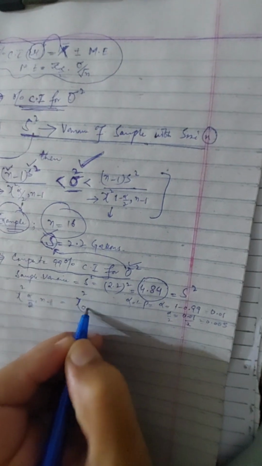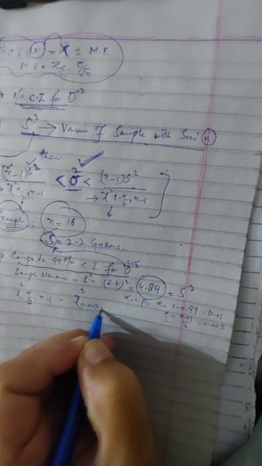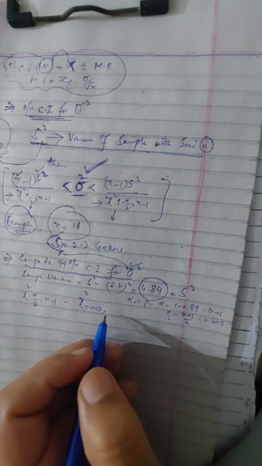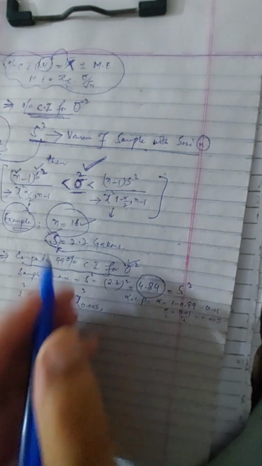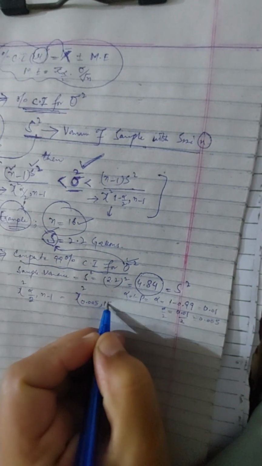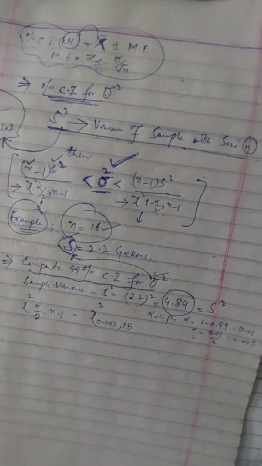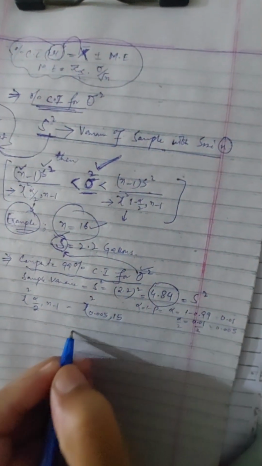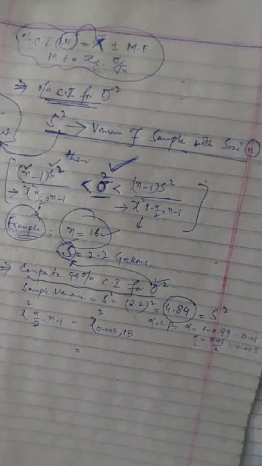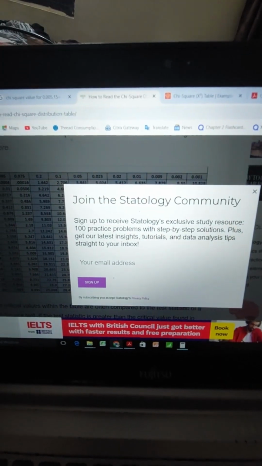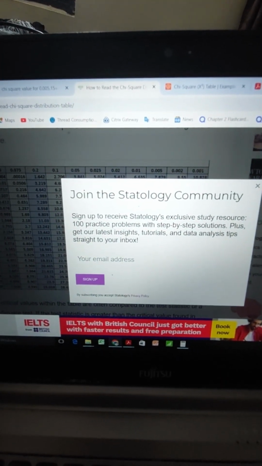So chi-square of 0.005 and n minus 1. Here we have n equal to 16, so n minus 1 is 15. So chi-square for 0.005 and 15, from the table, will be equal to... this is the significance level that we want, 0.005.